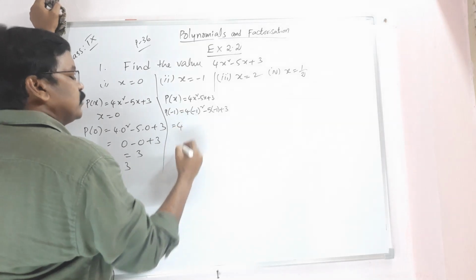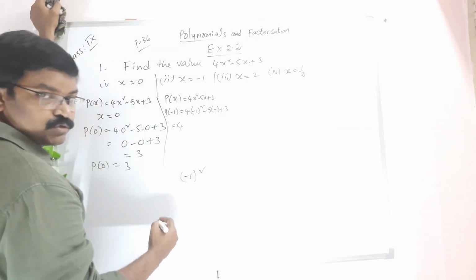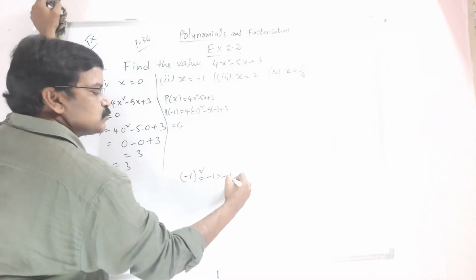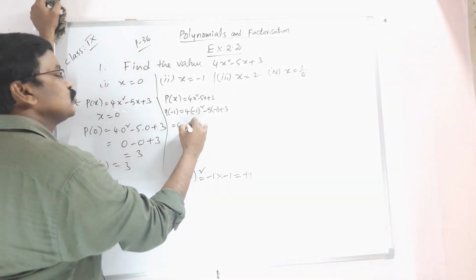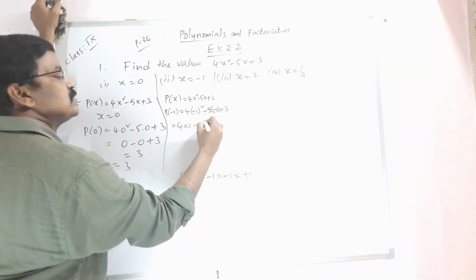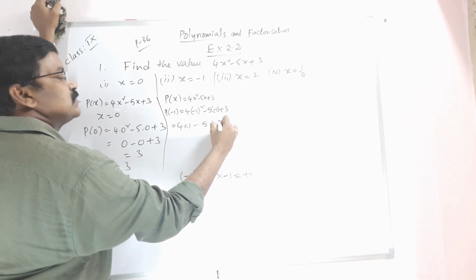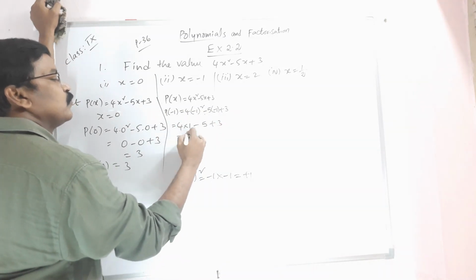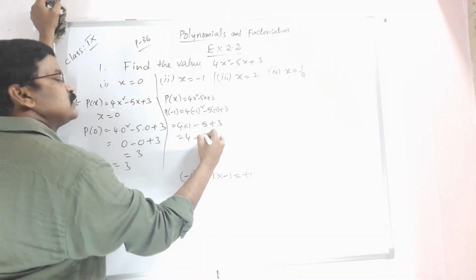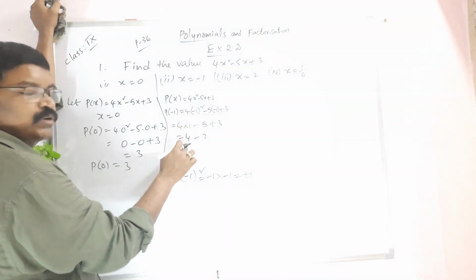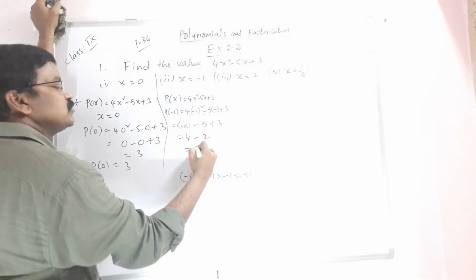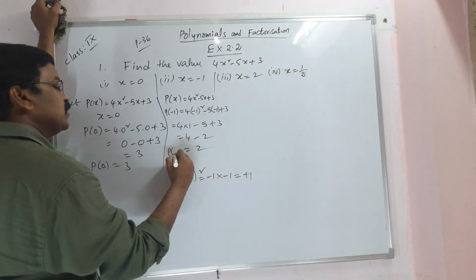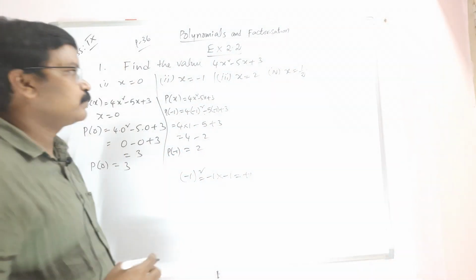So this is equal to 4 times, what is minus 1 whole square, my dear students? Minus 1 times minus 1, that is plus 1. So 4 times 1, minus into minus is plus 5, 1 is 5 plus 3. So 4 minus 5 plus 3 minus 2, 4 into 1 is 4, minus 5 plus 3 minus 2, this is equal to 2. So this P of minus 1 is equal to 2.